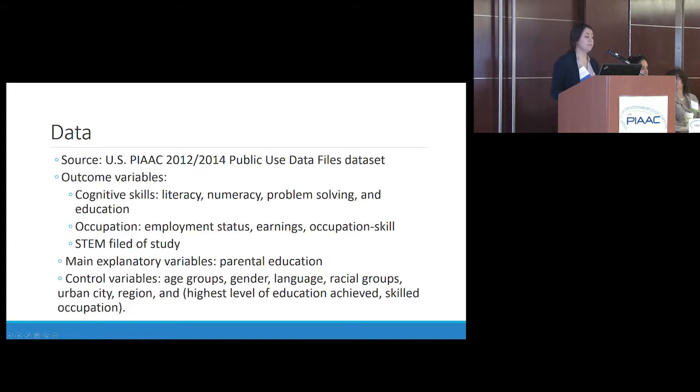Language means whether individuals are native or learned English at younger or older ages. We also control for racial groups, urban or city, and region. In some of the specifications, which I will talk about in the next slides, we also include highest level of education and skilled occupation.